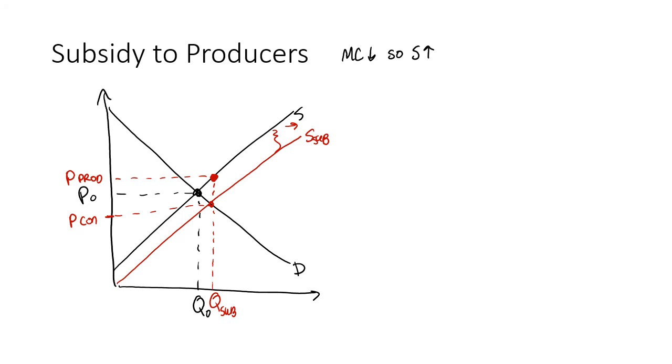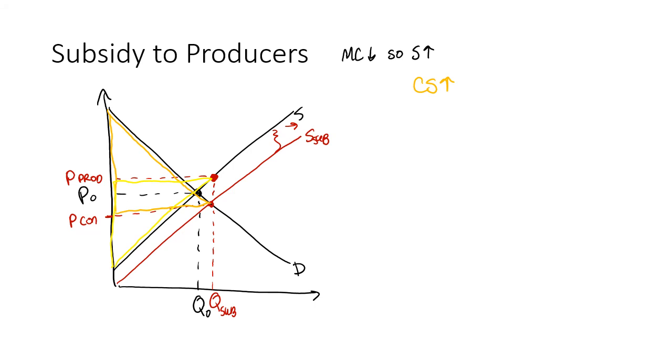So when it comes to drawing our consumer and producer surplus, things are going to be a little hard to see. So I'm not going to color them in this time because there's going to be too many lines. So the consumer surplus goes all the way down there. So our consumer surplus is higher. Our producer surplus now goes to that higher producer price.